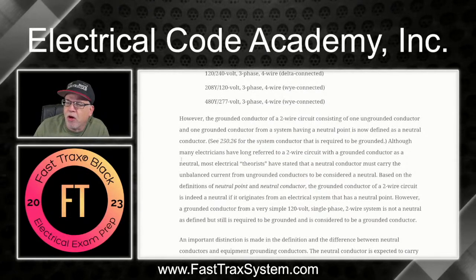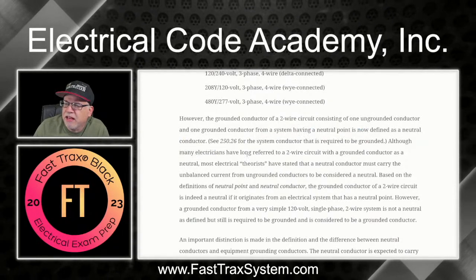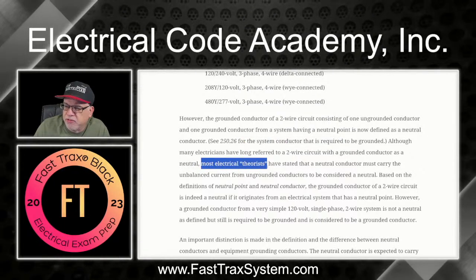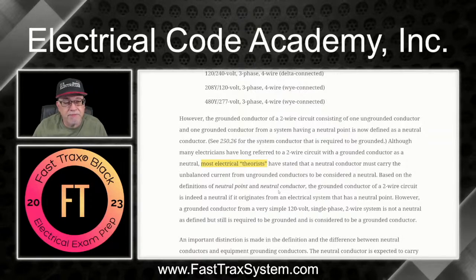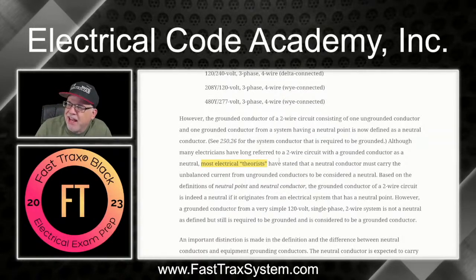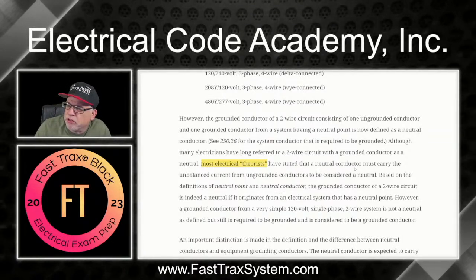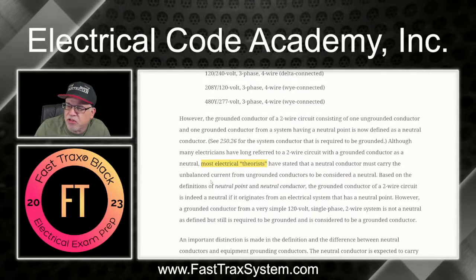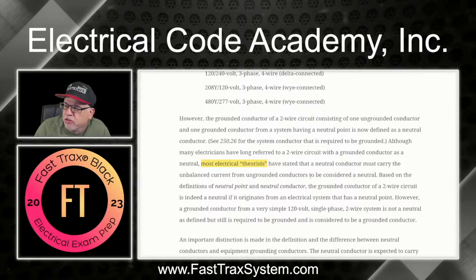It says, although many electricians have long referred to a two-wire circuit with a grounded conductor as a neutral, most electrical theorists, folks in the know, have stated that a neutral conductor must carry the unbalanced current from an ungrounded conductor to be considered a neutral. So that's what we just talked about.